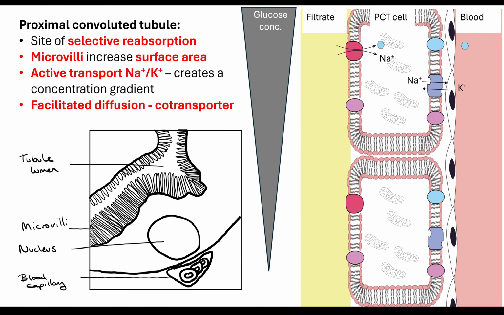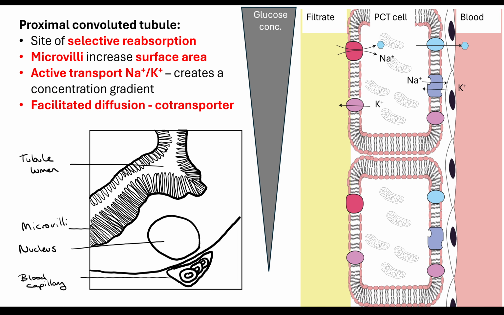Now that glucose can diffuse from the proximal convoluted tubule cell into the bloodstream because the specific channel, the GLUT channel, is present in the membrane, allowing for that movement across in that direction.